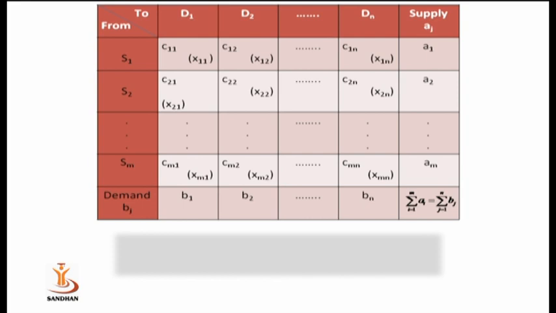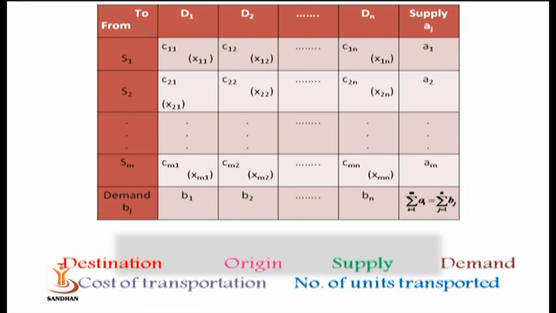The matrix representation of a transportation problem is shown here. We will try to understand what everything here means. So the matrix here has different destinations, different origins, supplies, demands, cost of transportation, and number of units transported.